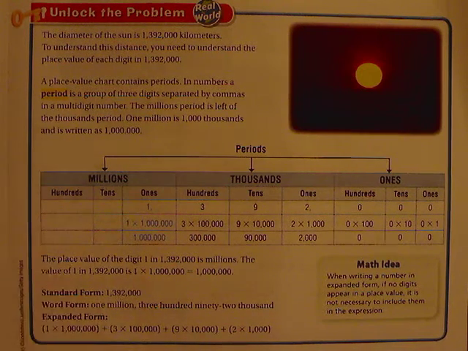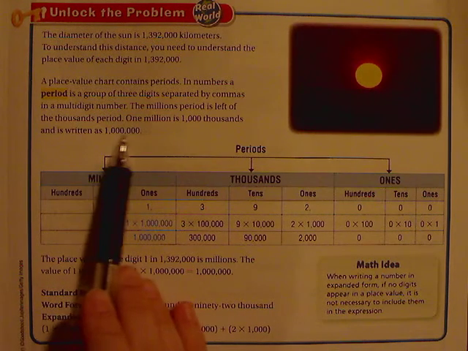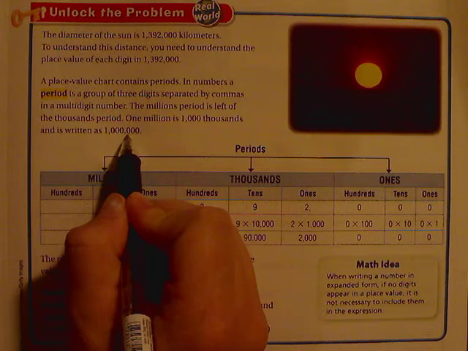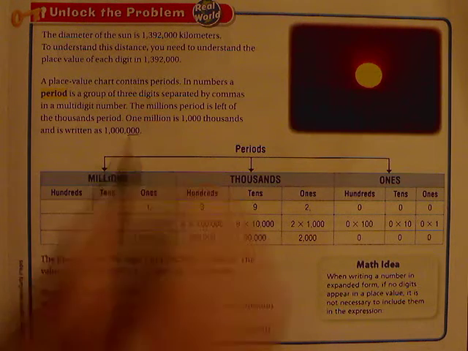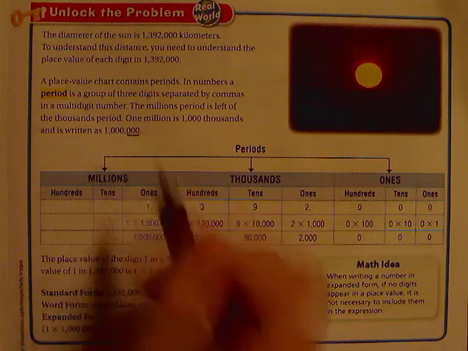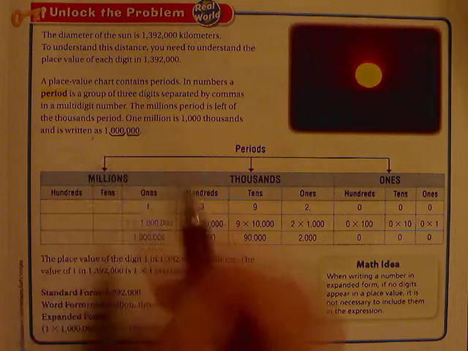So we've learned about the vocabulary word period, in which a number in a period has groups of 3 digits separated by commas. So for example, in 1 million, the tens, the ones, and the hundreds would be one period. You would have a period here, and then this would be another period, your thousands, 10,000s, and 100,000s.